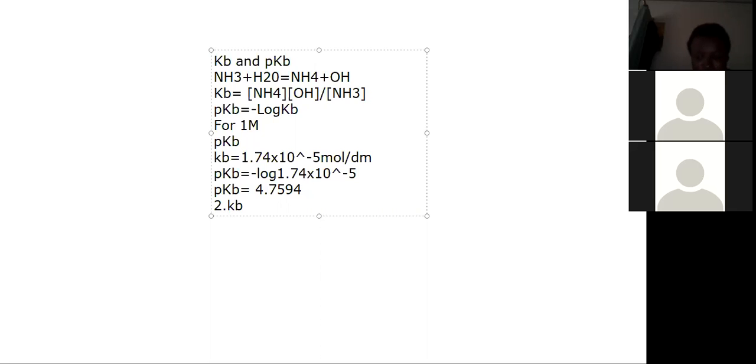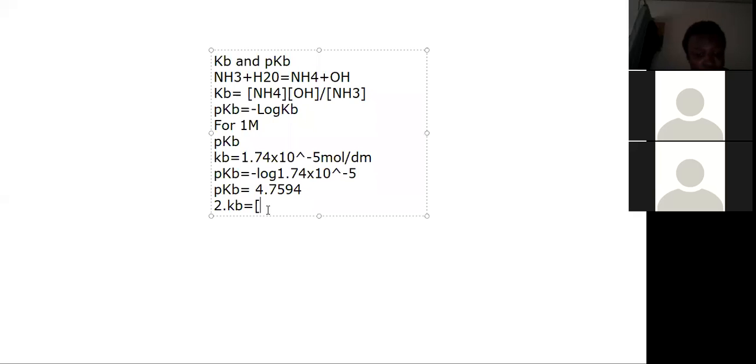We know that Kb is equal to the concentration of NH4 plus times OH minus over NH3, and we are looking for this OH. By looking at the equation, you realize that this and this are equimolar. Are you getting it? Yes, sir. Just as we did for the acid.